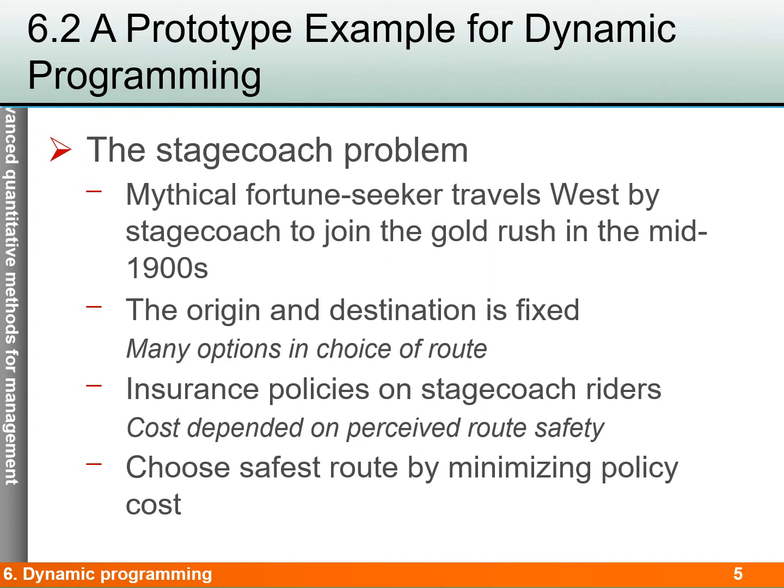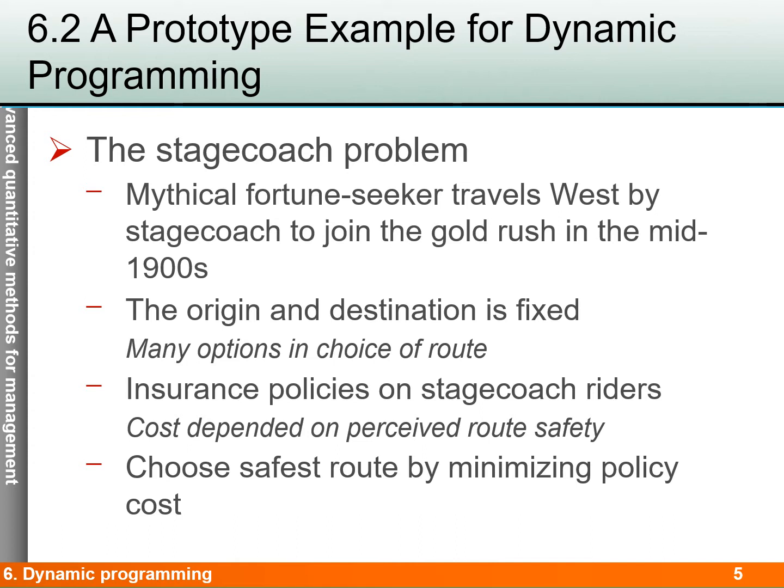So this fortune seeker was a prudent man who had quite a concern about his safety. After some thought, he came up with a rather clever way of determining the safest route. Life insurance policies were offered to stagecoach passengers.